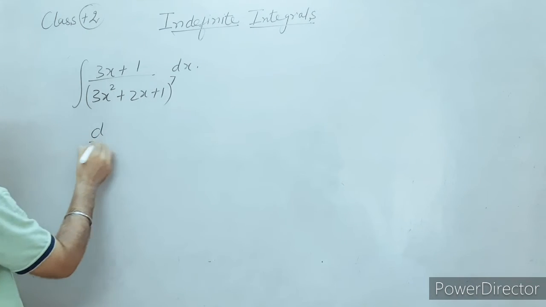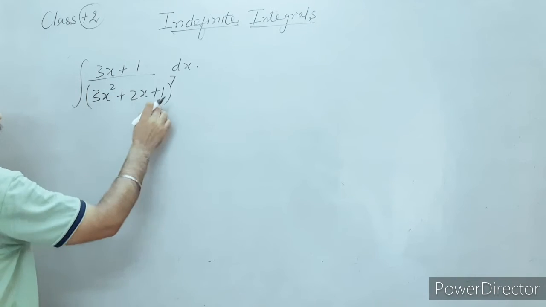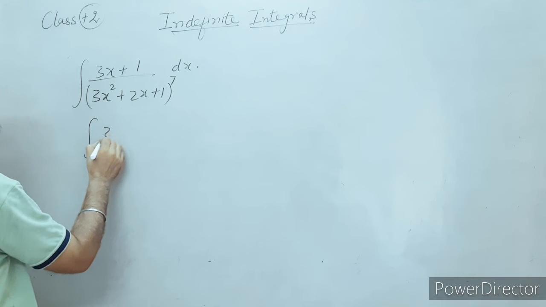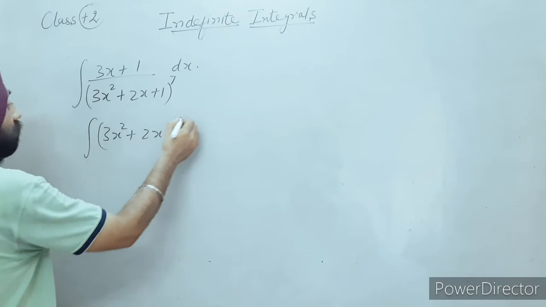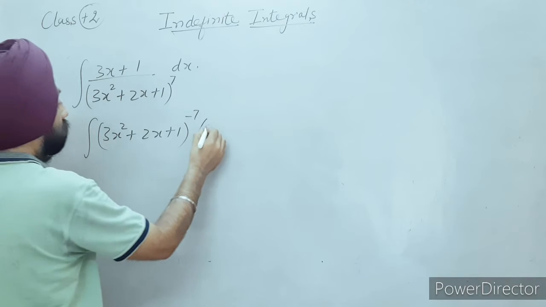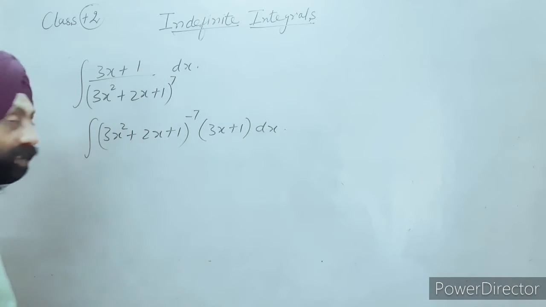Let me first transfer this term to the numerator. It becomes (3x square plus 2x plus 1) raised to power minus 7 into (3x plus 1) dx.